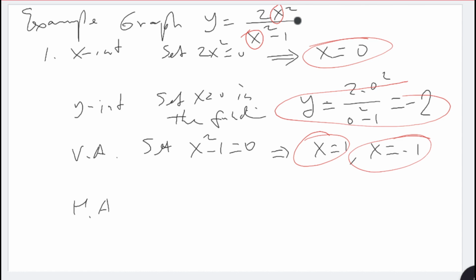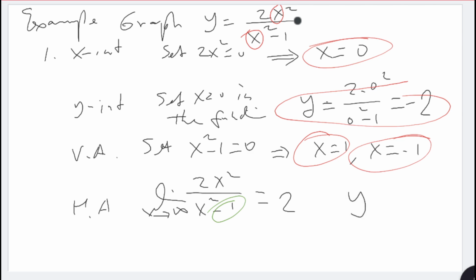How about the horizontal asymptote? Again, we can find the limit of the function as x approaches infinity. So drop the -1 from the bottom. x squared cancels out. We find the limit to be 2. Then y equal to 2 is the horizontal asymptote.